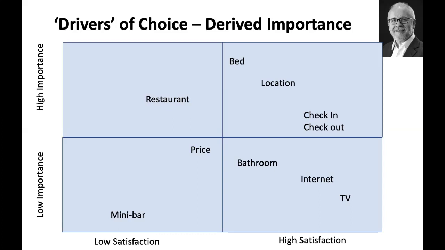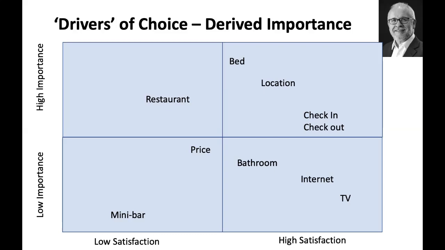And in the top right section, we can see things that are highly important and where there is a high satisfaction. So bed, location, check-in and check-out are all things that this hotel is getting right. Top left quadrant are things that are important, but the hotel is not getting them right.